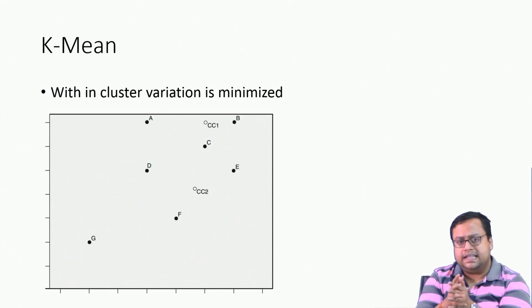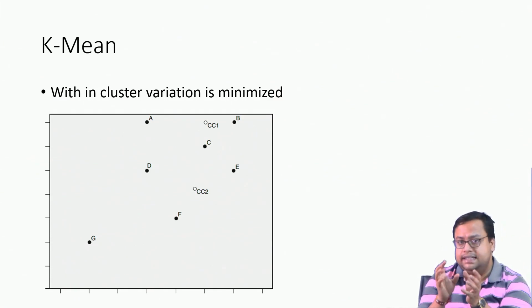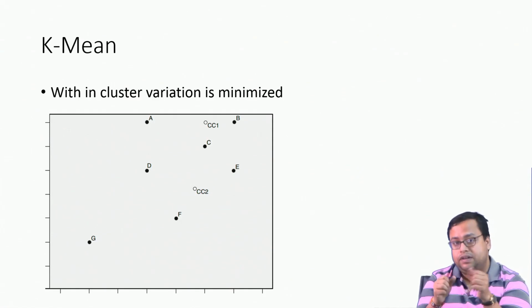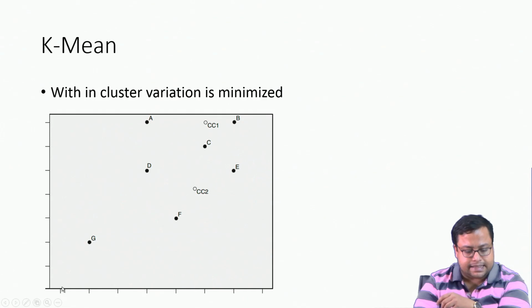So, what we do is we put the individual values. Let us say here we had A, B, C, D, E, F, G, there were 7 observations and A was 3 comma 7. A was brand awareness 3 and price sensitivity 7. So, you plot A with brand awareness on the x axis and price sensitivity on the y axis.